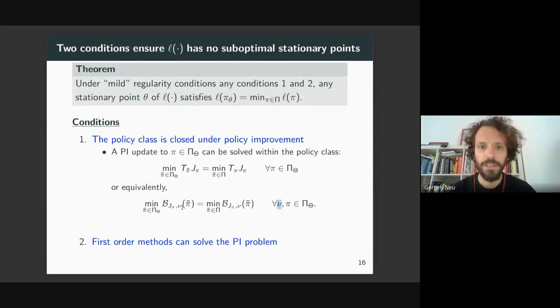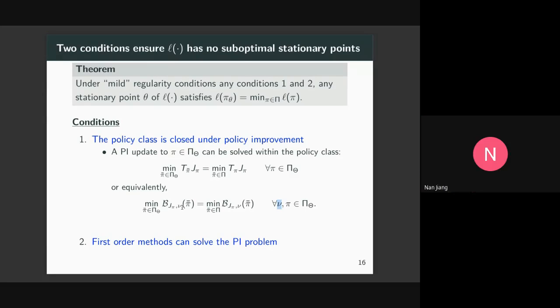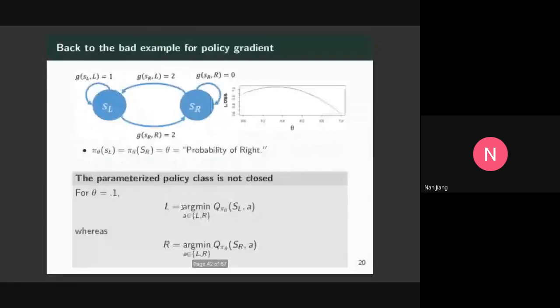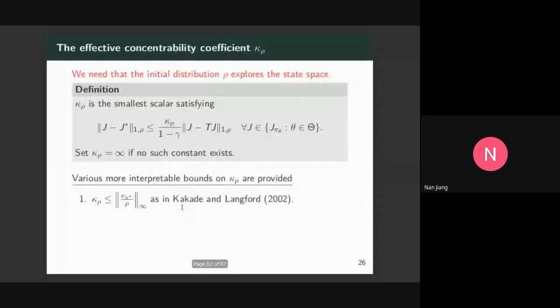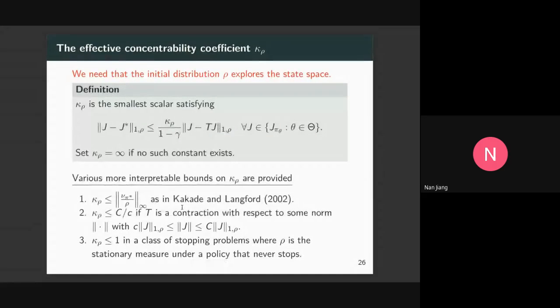Right, great. So Nan Jiang has a question, which is a little similar. Actually, part of the question was already answered by Dan's extension result, because CPI doesn't require rho to have full support, just that the concentrability between the optimal policy and rho is finite, and that's exactly what your kappa rho does.